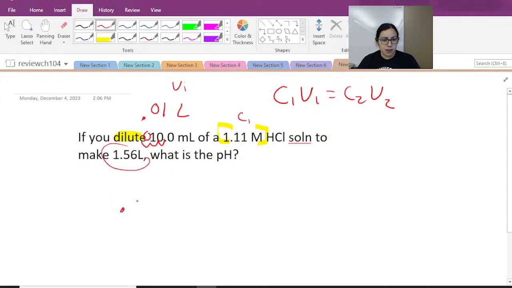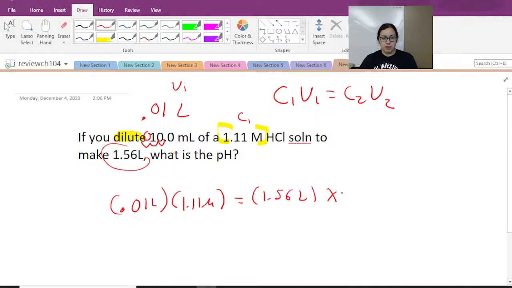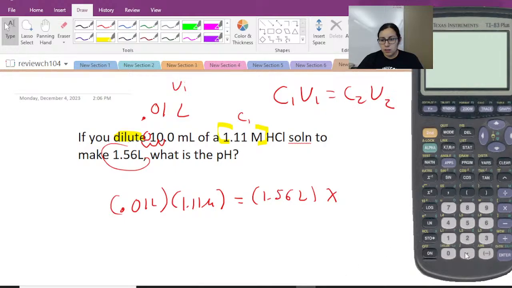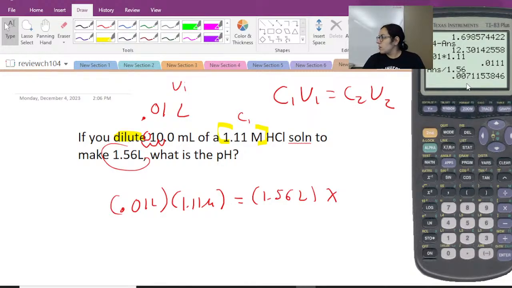So now we can plug that in, and we'll be solving for it in molarity. 1.56 liters, to match with this in liters now, divided by 1. And so do we get X is 0.007?